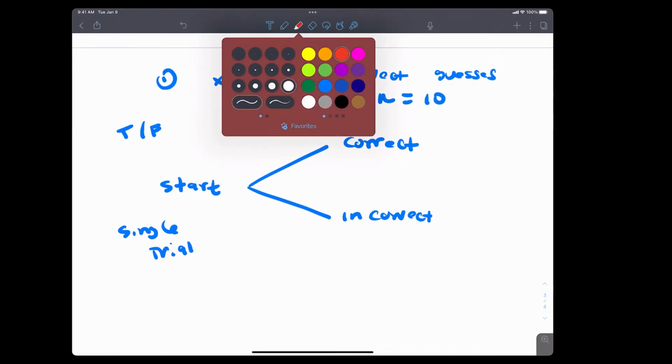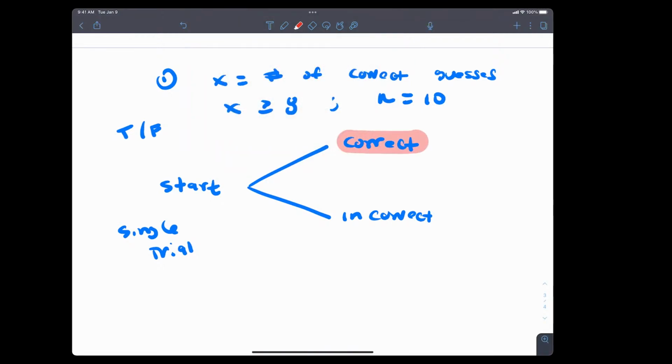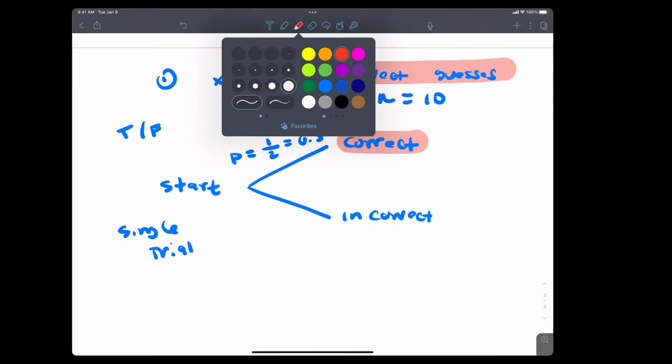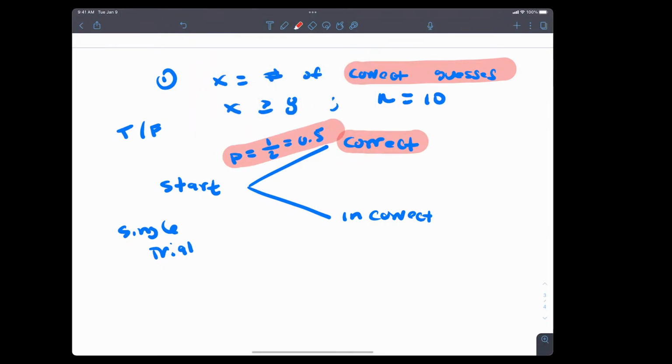For a single trial, this is our successes, the number of correct guesses. That probability is 1/2, so that's going to be 0.5. Little p then is 0.5. Now the complement of this, q, which is 1 minus p, 1 minus 0.5, the complement is also 0.5 here.